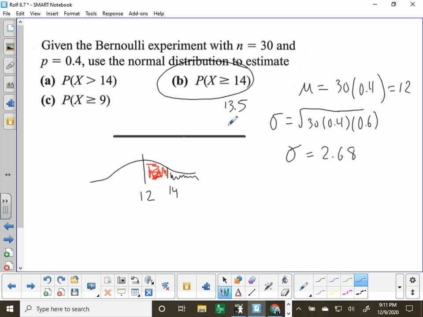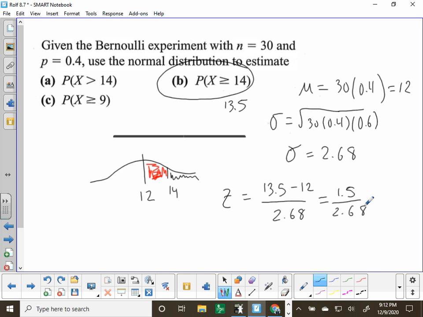Well, 13.5. Okay, so the z-score is z is equal to 13.5 minus 12 over 2.68. So that minus that is 1.5 over the 2.68.